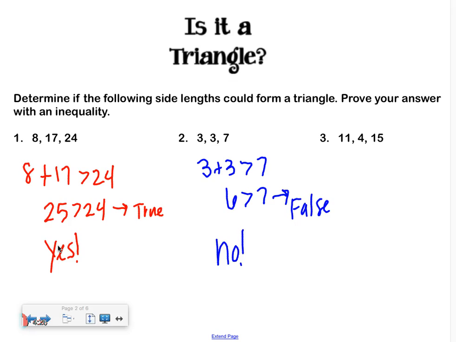Now let's try this last one. 11 plus 4. Is that greater than 15? No, it's equal. Right. So this would just make a big line. It wouldn't pop up for a triangle. So that is false. It's not greater than, so no.